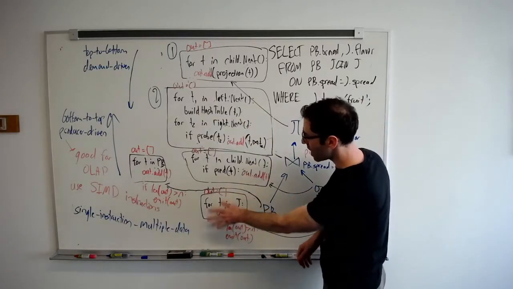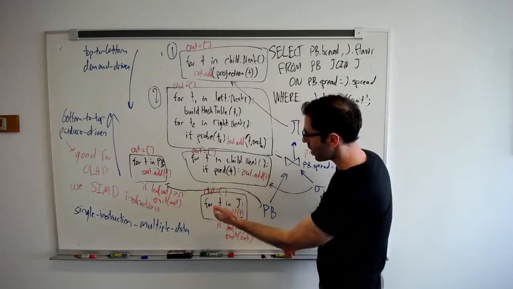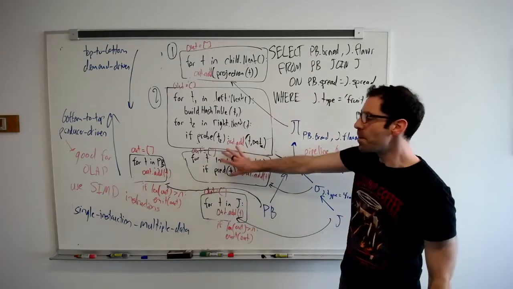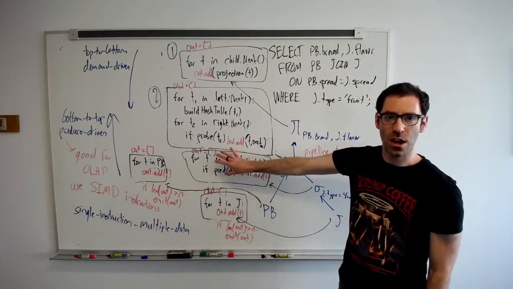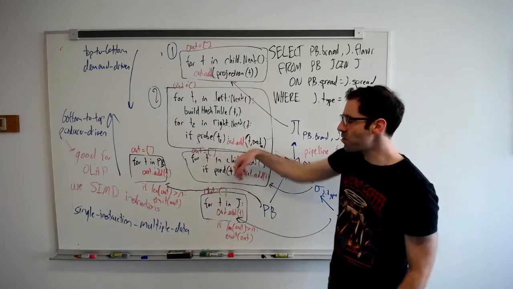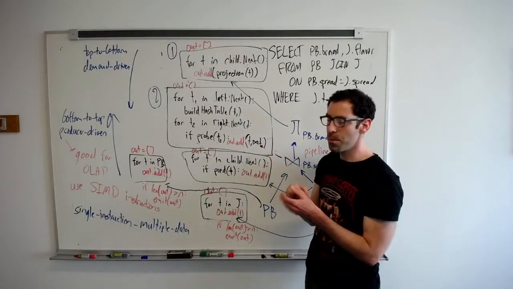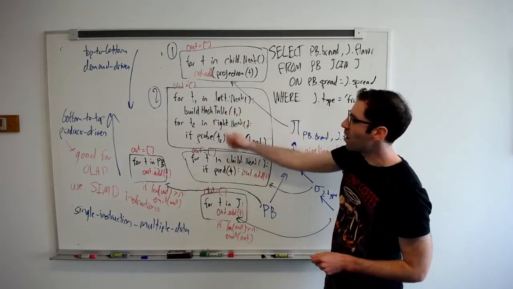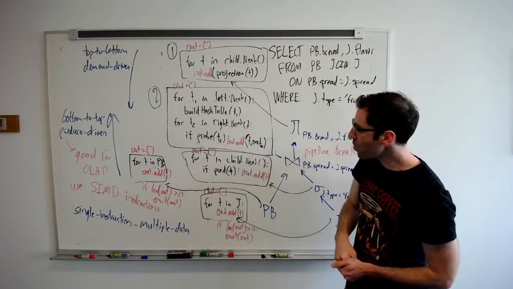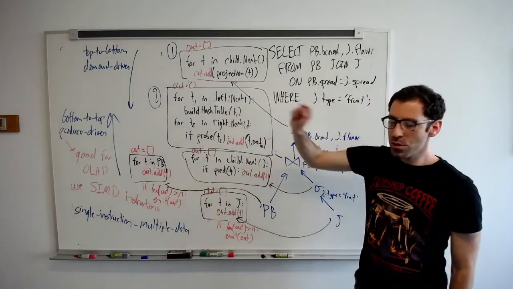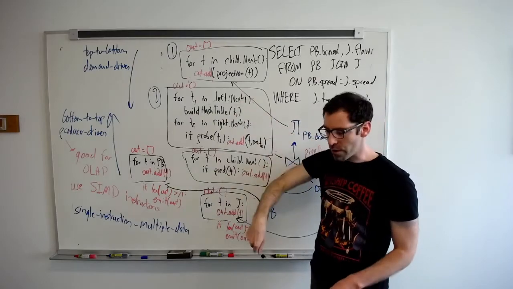So our table would produce tuples, and then insert them in an input buffer that our selection operator would have, and our selection operator would consume the tuples from its input buffer, and then pass them on to the join. And so the nodes would no longer be calling next on their children.